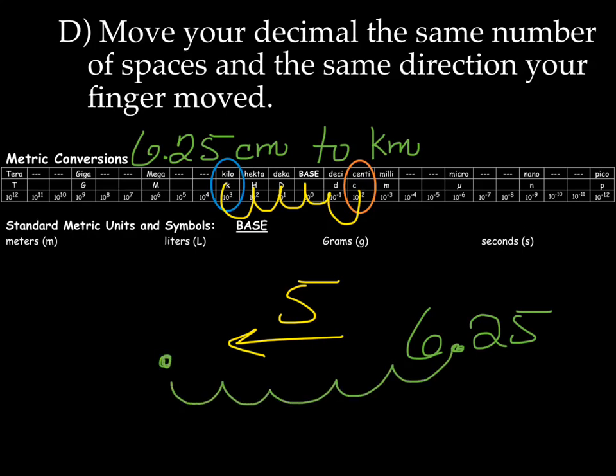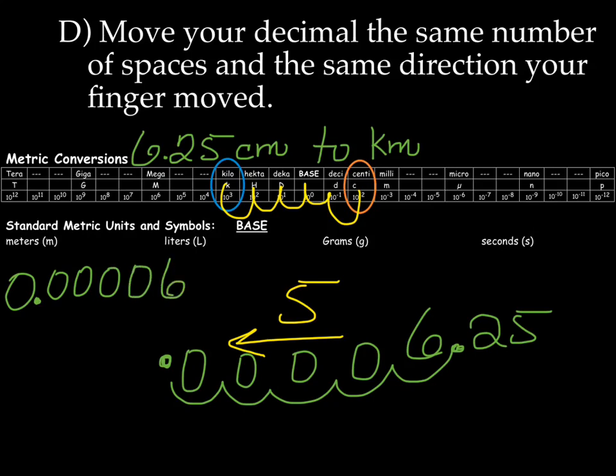So the decimal is now there with 4 zeros in front of it. So our new answer is going to be 0.0000625, and the new unit is now kilometers.